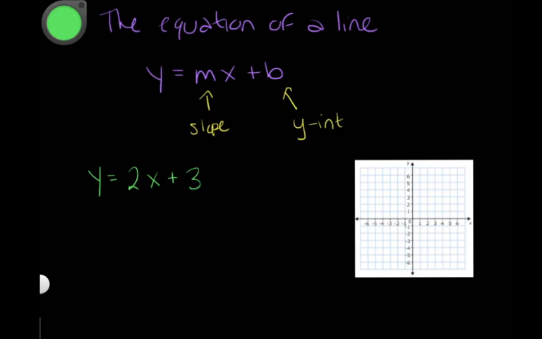So if I wanted to graph this line, I would start my line at positive 3 on the y-axis. So I'm going to make a dot right here at 3. Okay, and then to show that slope means that we go up by 2 and over by 1. Remember, there's an imaginary 1 underneath the 2. So if I was going to graph this slope, I'm going to go up by 2 from 3, so up to 5 and over by 1.